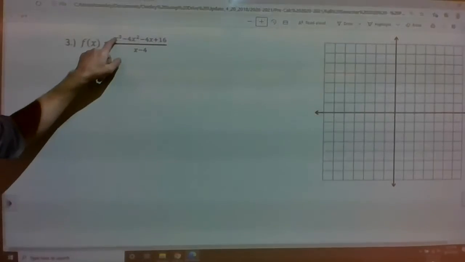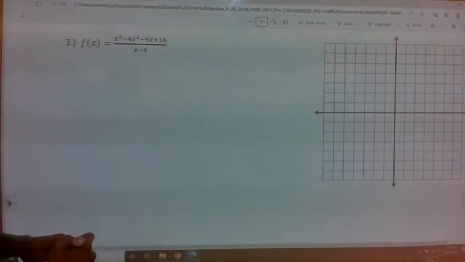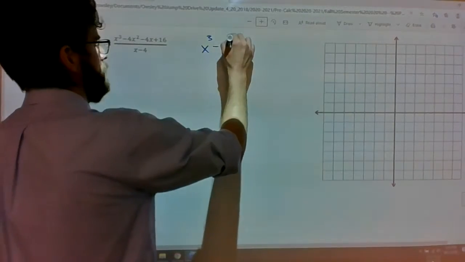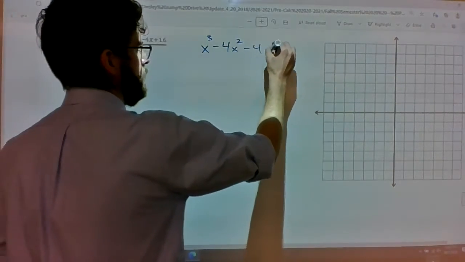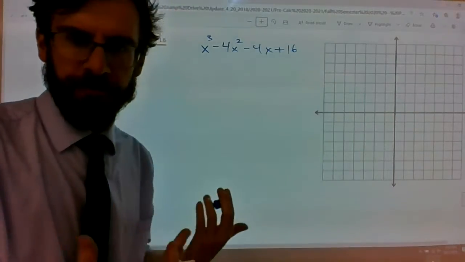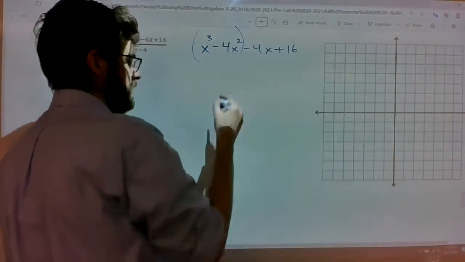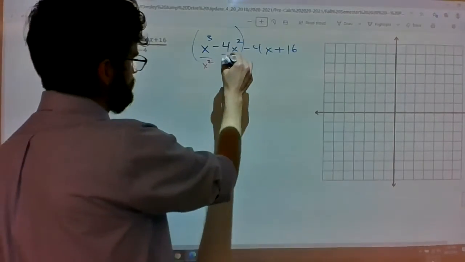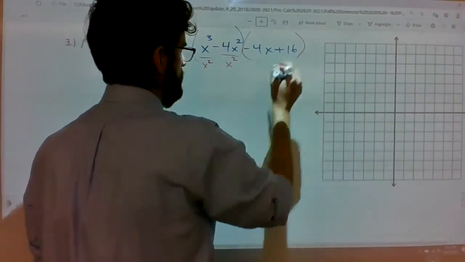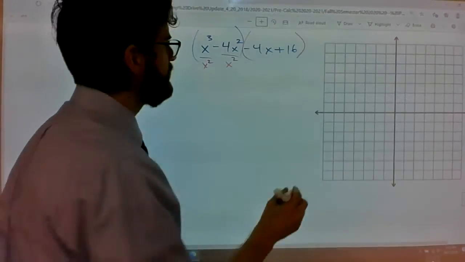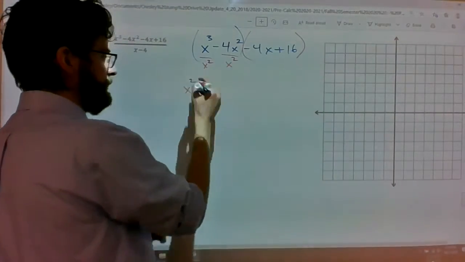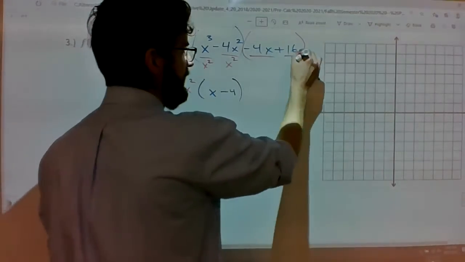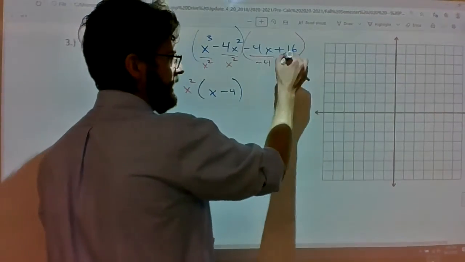Looks like there's going to be another factor by grouping up top. I guess I was just really feeling the factoring frenzy with this. Take out an x squared. Oh, are we going to have difference of squares again? That'd be too obvious, right? Anyway, x squared comes out, x minus 4. I need an x minus 4, so take out a negative 4.